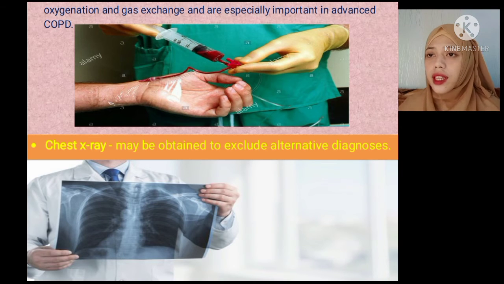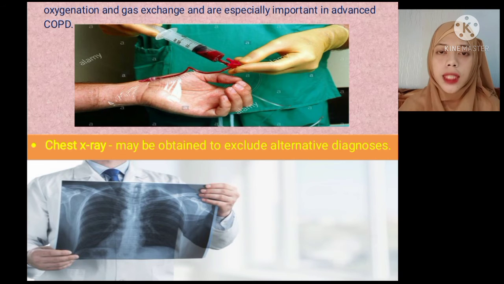A chest X-ray may be obtained to exclude alternative diagnoses. This X-ray exam helps support the diagnosis of COPD by producing an image to evaluate the symptoms of shortness of breath or chronic cough.